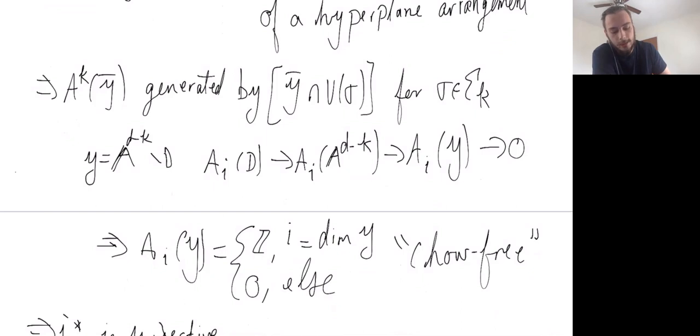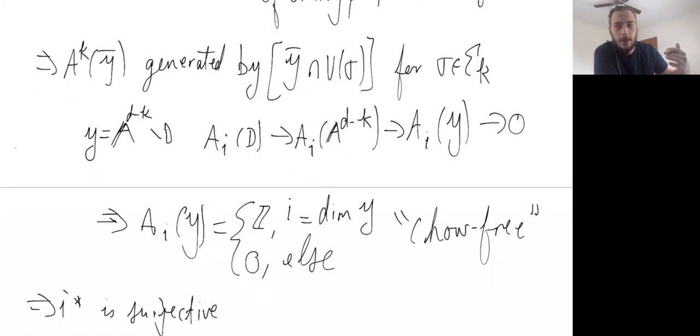So this condition implies that if I have a stratification of a variety by strata that take this form, then the Chow groups are generated by the classes of the closures of these strata.